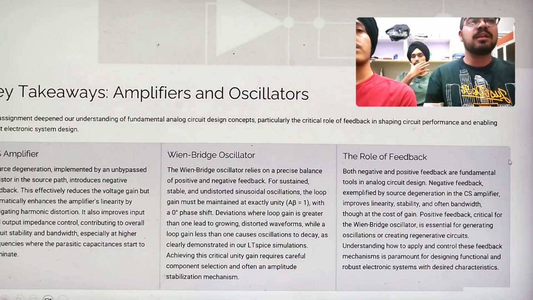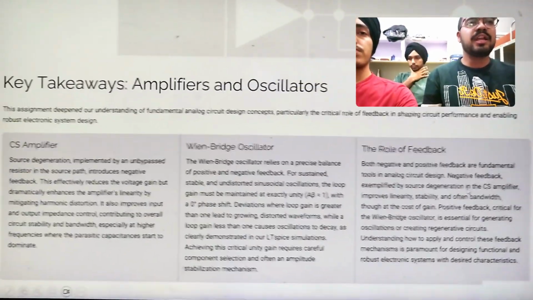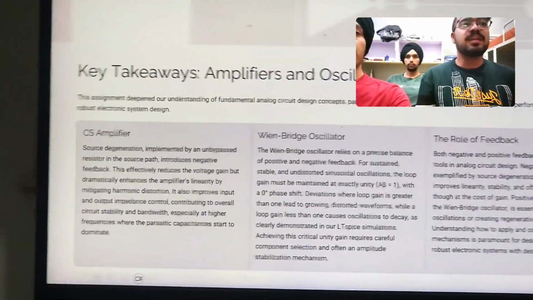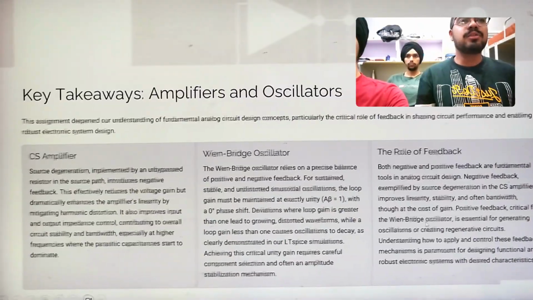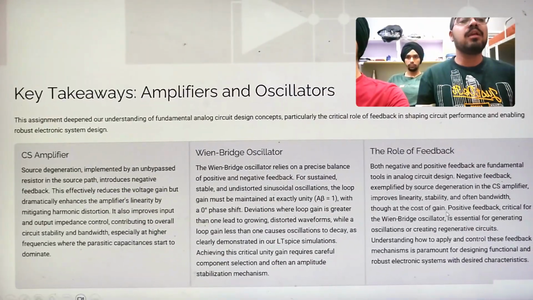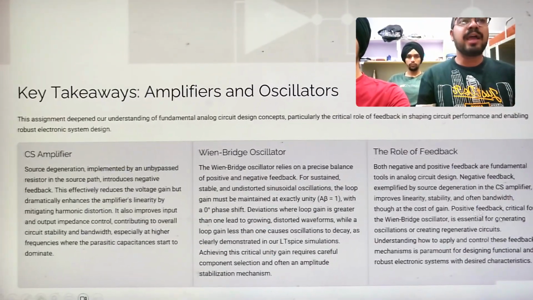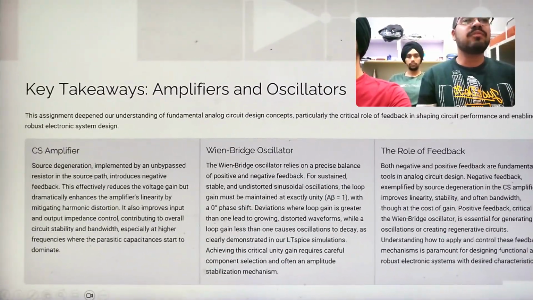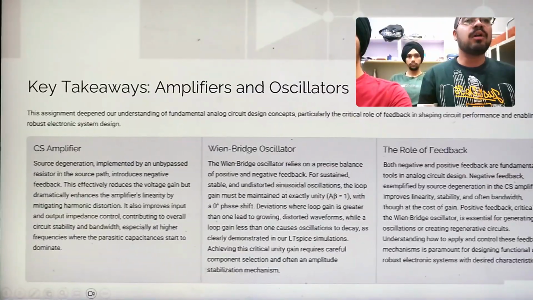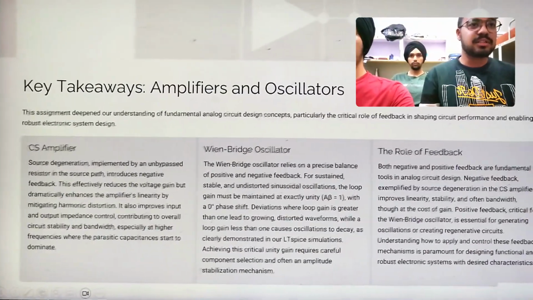Negative feedback, as explained by the source degradation in the CS amplifier, improves the linearity, stability, and often bandwidth at the cost of the gain. Positive feedback, critical for the Wien bridge oscillator, is essential for generating oscillations or creating regenerative circuits.